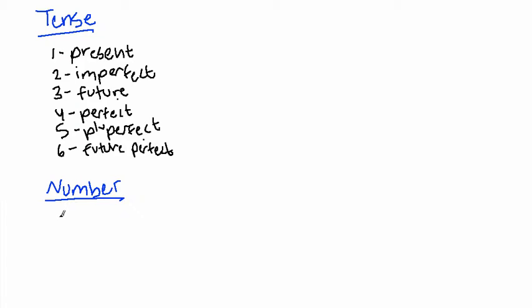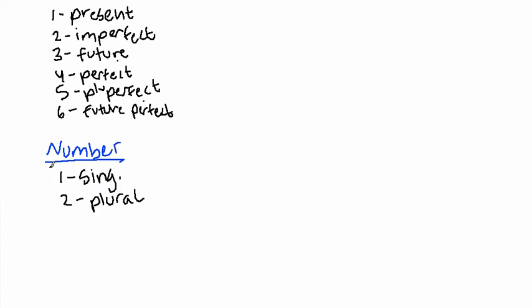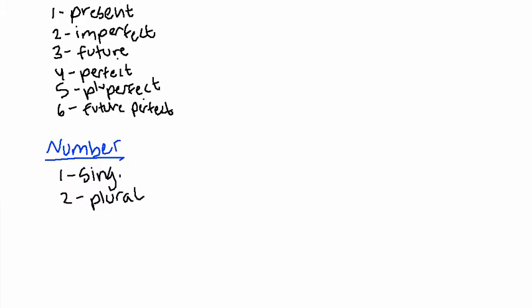It indicates whether one person is performing the verb or if multiple people are performing the verb. Consequently, there are 2 kinds of number. There's singular, I'll just abbreviate that, and there's plural. Okay, so that brings us to our fifth and final characteristic, person.